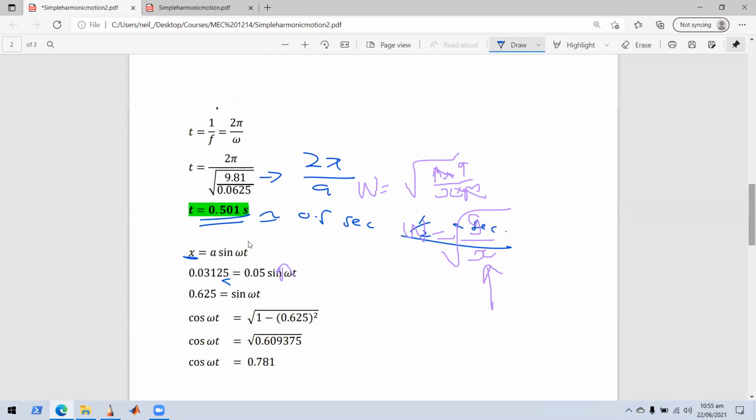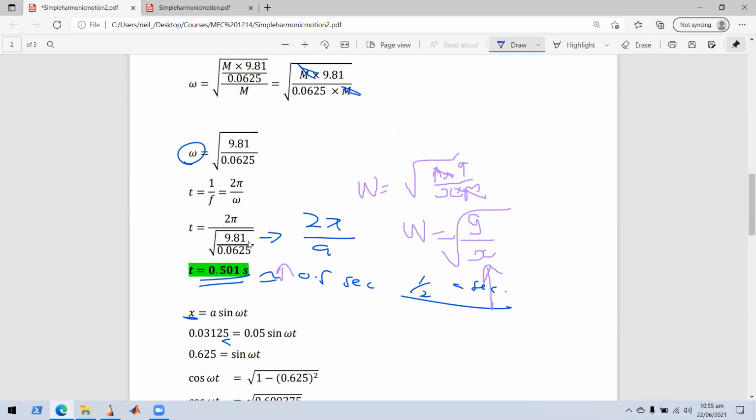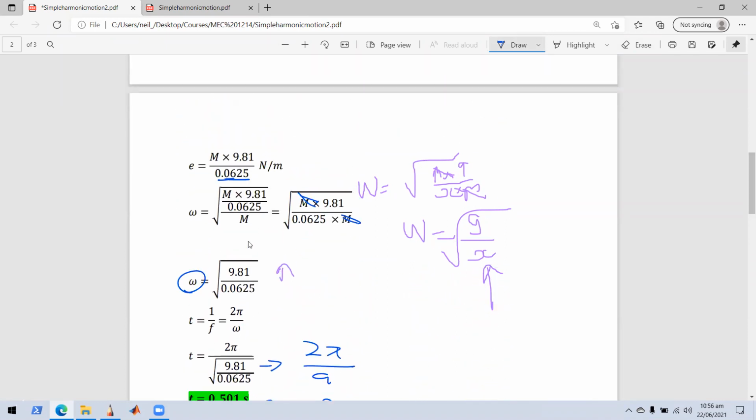You remember e is kind of like a constant. We found e with this value, this length, and this weight. If we were to change the weight, then we'd have to change the length to make sure e stays the same.